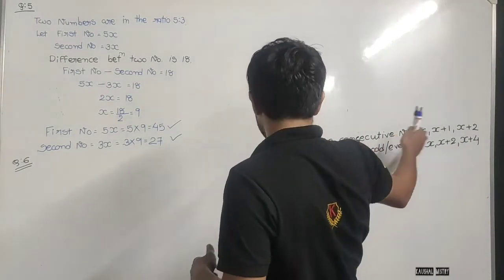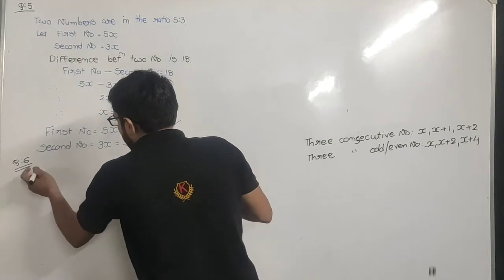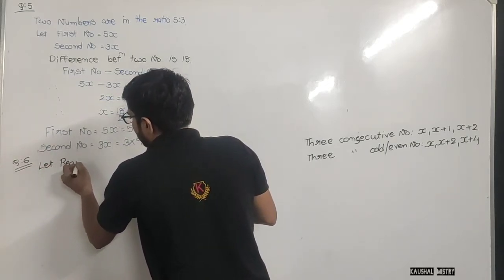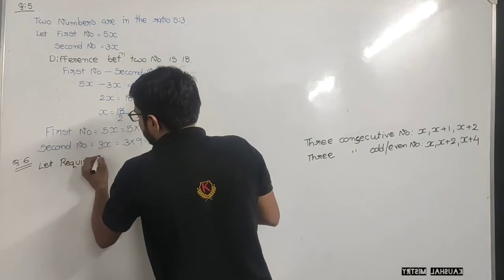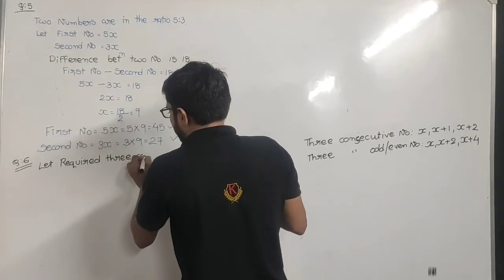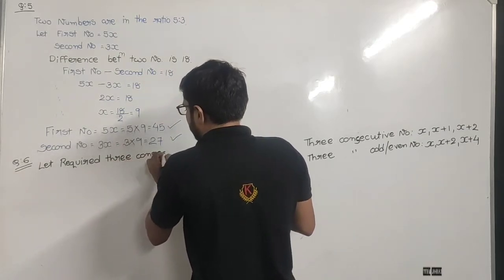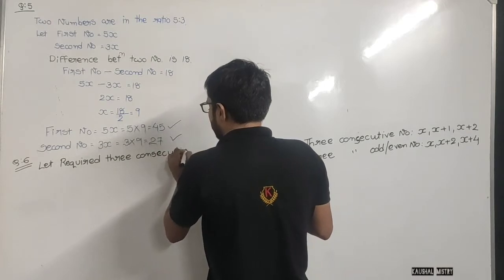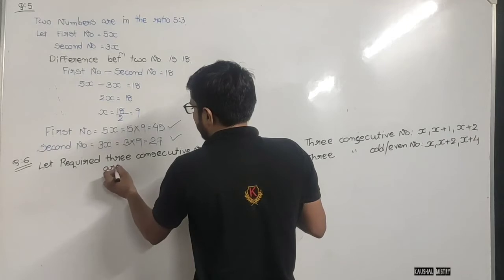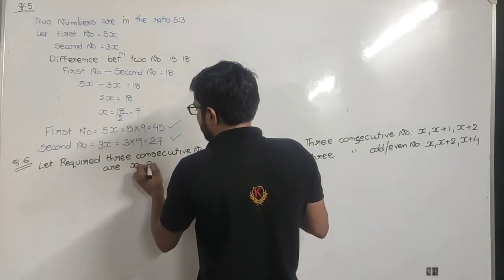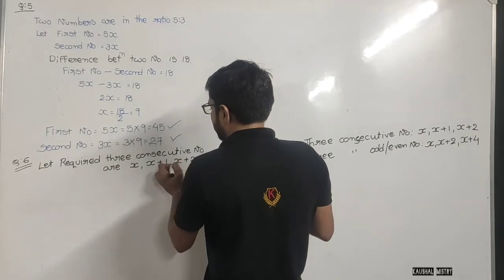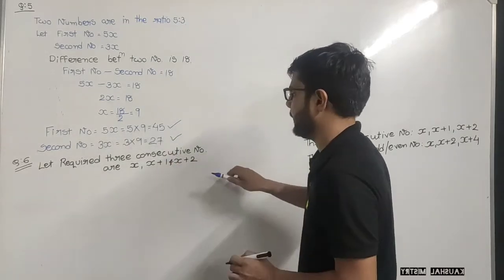Here we have to assume 3 consecutive numbers. Let the required 3 consecutive numbers be x, x plus 1 and x plus 2, right?